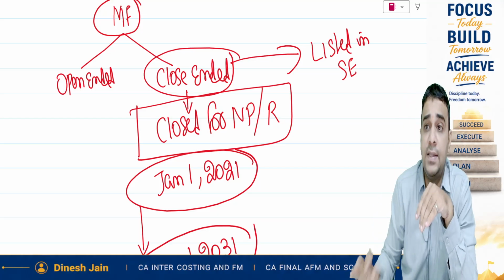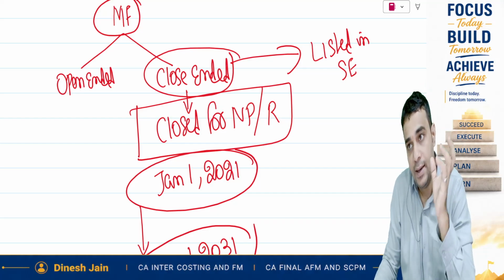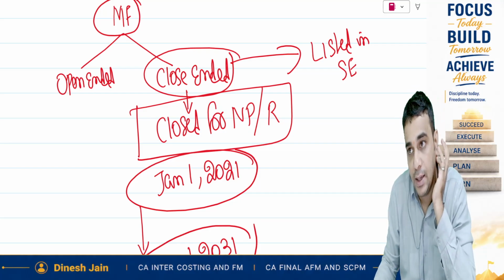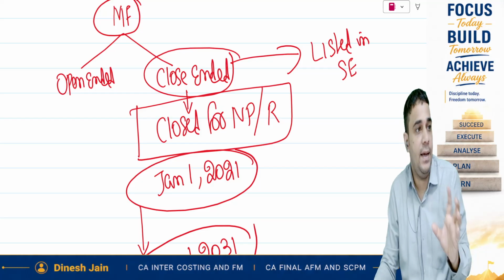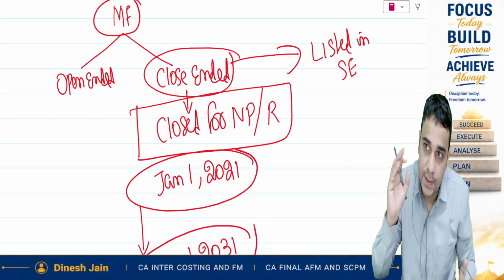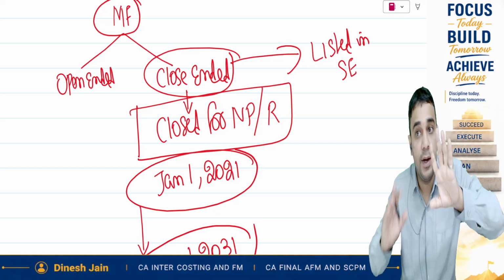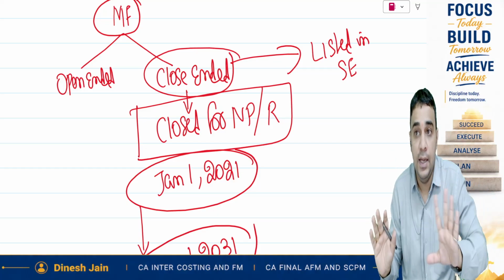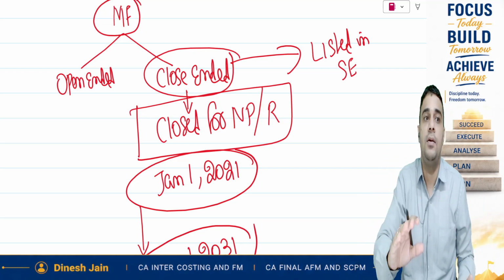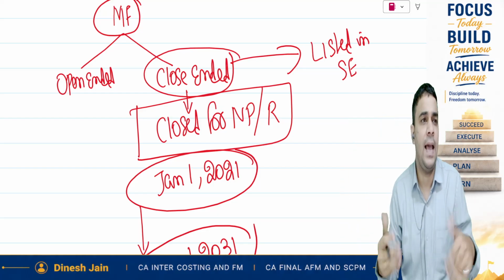In an open-ended scheme, buying and redemption will happen with the AMC. You buy from the AMC, redeem with the AMC. In a close-ended scheme, buying can happen with the AMC on day 1, and redemption can happen after 10 years. In between, if you want to buy or sell, find somebody else who's ready to buy, which will obviously happen in the stock market.